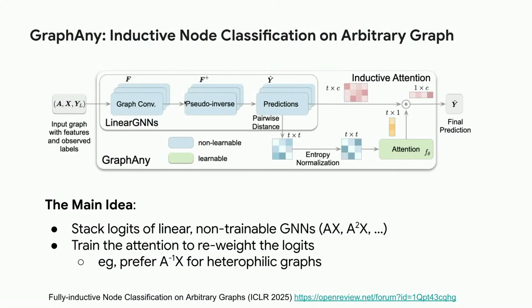We stack those predictions and compute pairwise distances between those logits, applying certain tricks like entropy normalization and learning some attention functions. The entire learnable part of this model is a small attention matrix, so it's pretty tiny, like 100,000 parameters, even smaller. We essentially learn to reweight predictions of linear GNNs to prefer, say, homophilic or heterophilic interactions, and give the final prediction on any dataset on the fly.